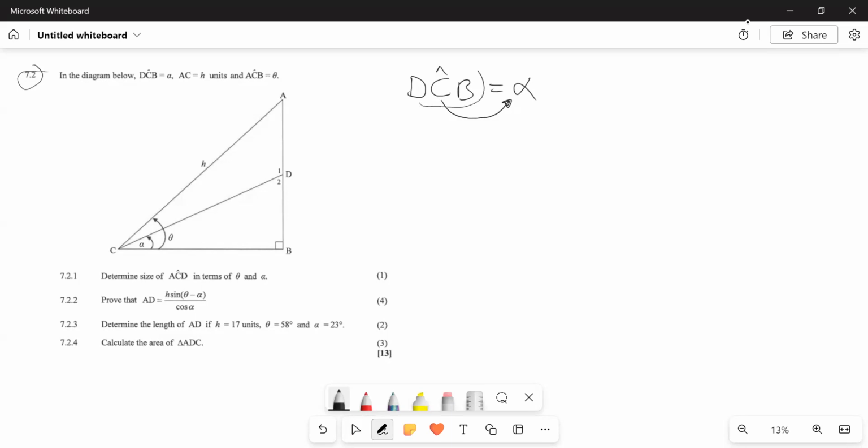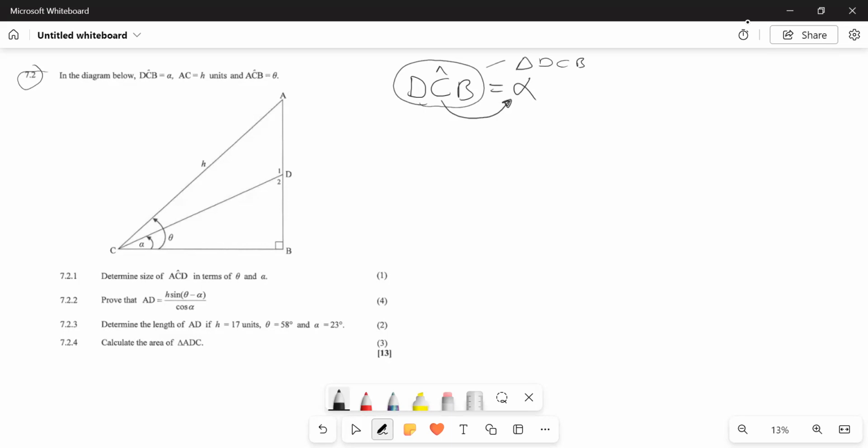But if you check, they gave us three alphabets here, which are D, C, and B. The reason they gave us those three alphabets is they are referring to a certain triangle, which is triangle DCB, right? I hope we understand that part.